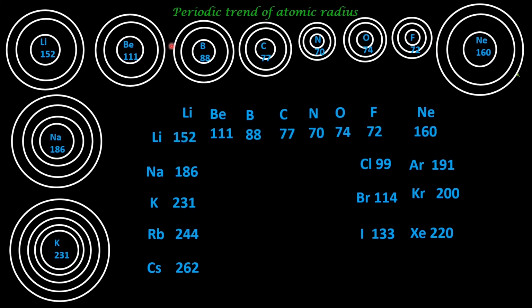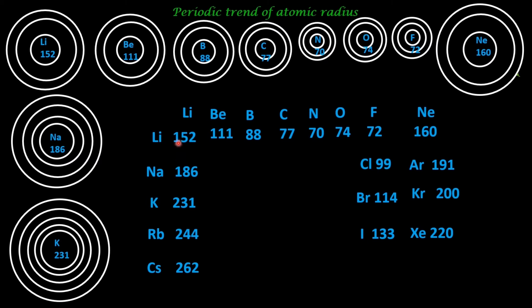Look at the trend of atomic radius in the second period and down the first group. For convenience, I have given the values of these atomic radii for the second period and the first group, also for the 17th and 18th group. The values of atomic radius are given in picometer.